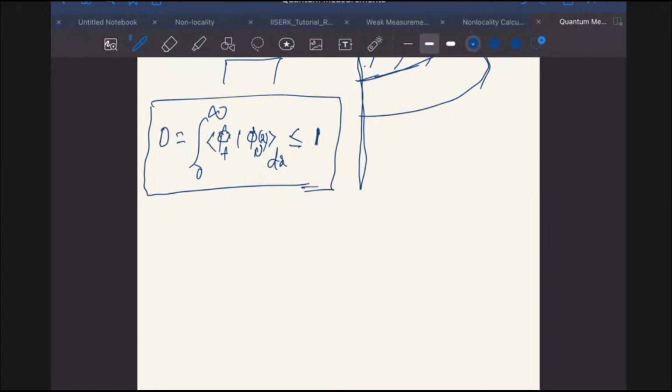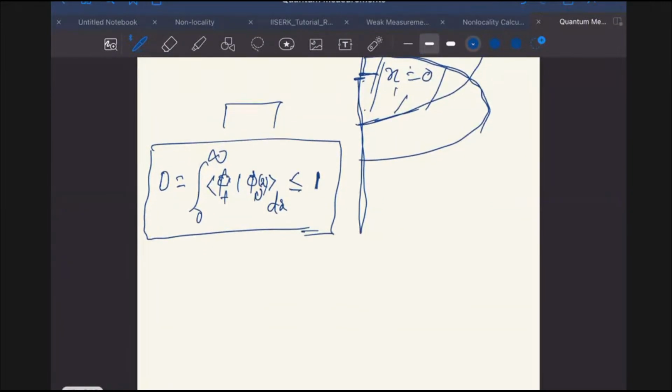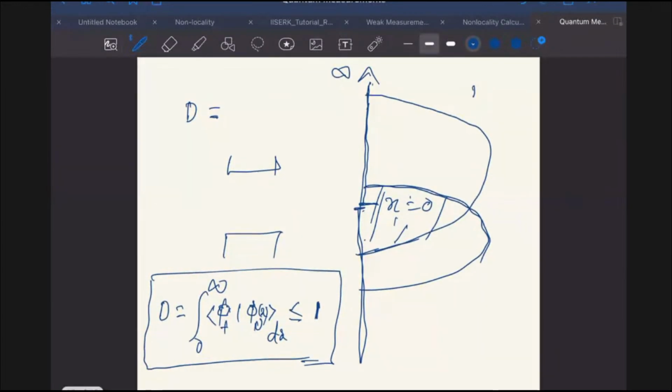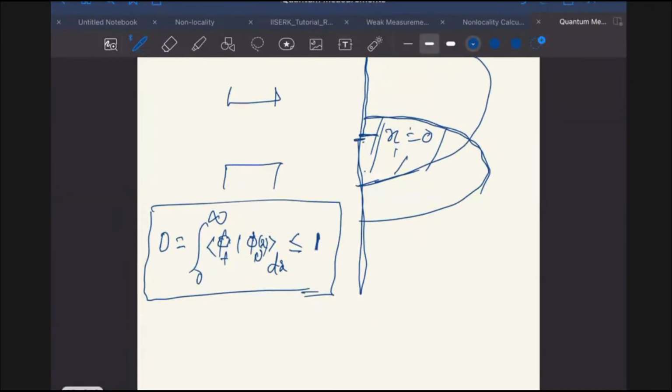Now you assume that this up and down state, what I was saying, this up and down state position, which is in the position degree of freedom of the screen, phi up and phi down, after the detection, the state actually disappears, right? It has interacted with the environment and it declared something like this.